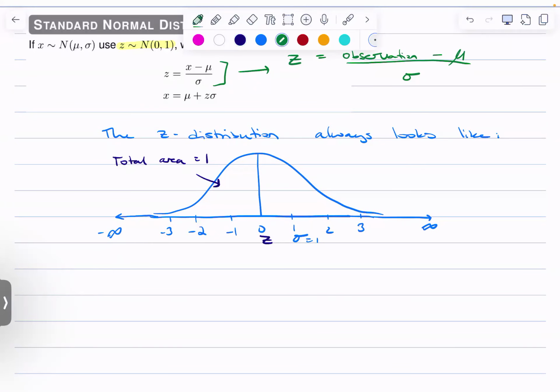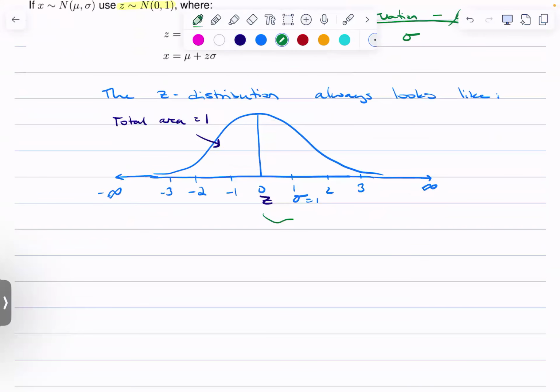We'll find that positive Z scores are above the mean, and negative Z scores are below the mean. So positive Z scores are above the mean, while negative Z scores are below the mean.